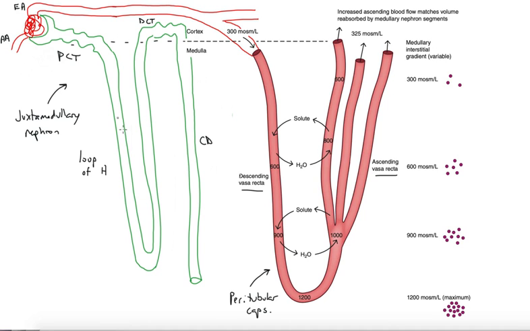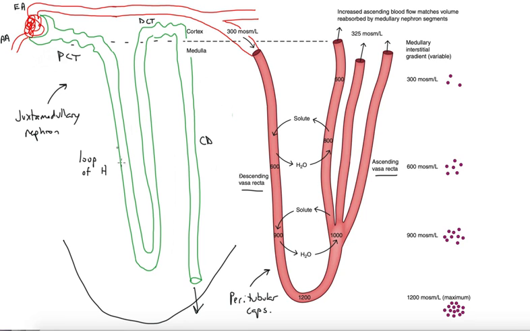But only the loop sticks down in the medulla, and it sticks down really far. And a collecting duct, of course, of all nephrons has to run down, because the exit from the bottom of the papilla is way down here. Urine's going to drip out the bottom here of the papilla of the medulla.